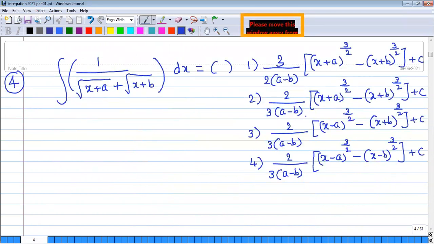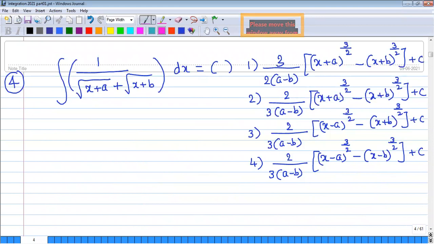Okay, whenever we come across these kinds of problems, we need to rationalize. That means rationalize the denominator with root of x plus a minus root of x plus b.